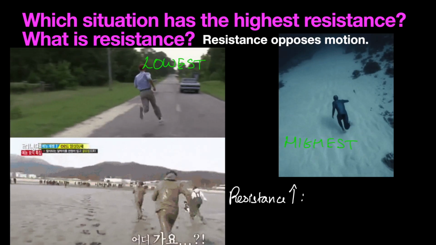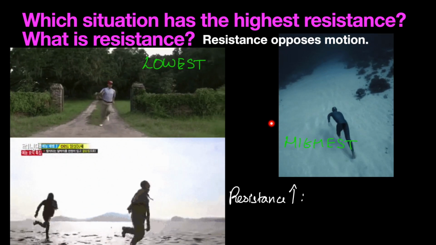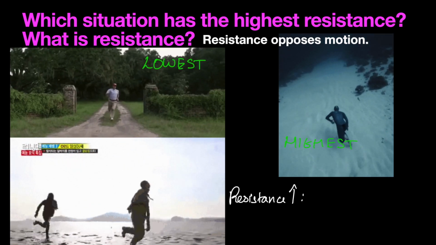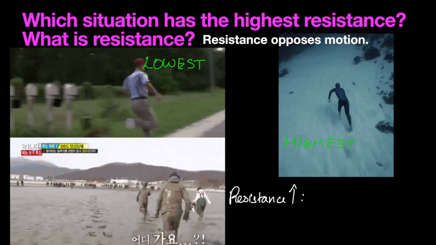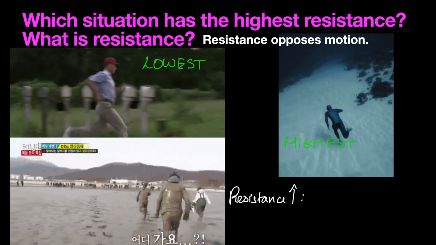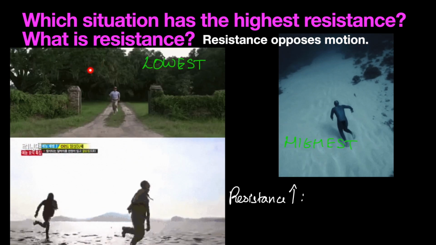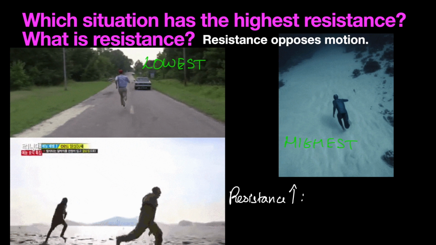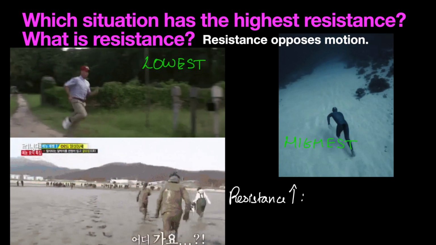So for example, this person here will be using a lot of energy and exerting a lot of force to overcome the resistance of the water. And this person here would be using relatively less force and less energy because he is facing less resistance.